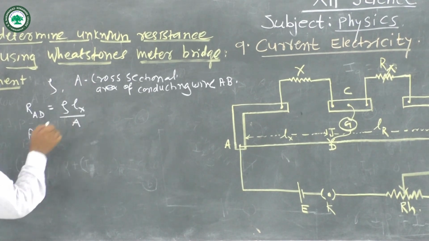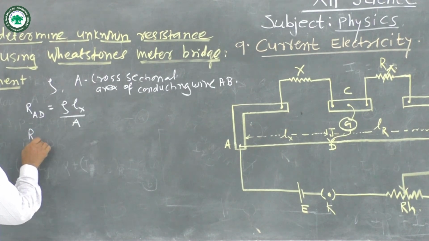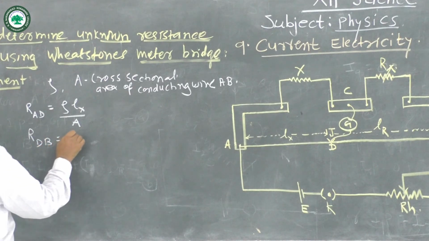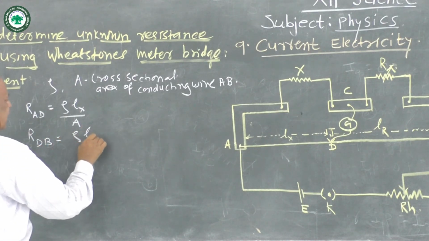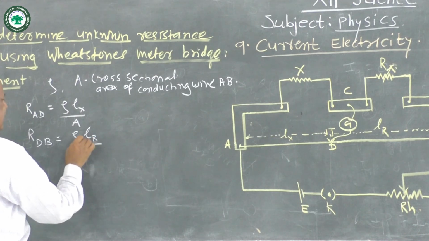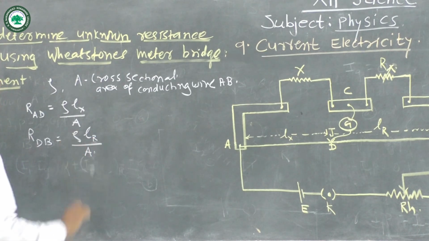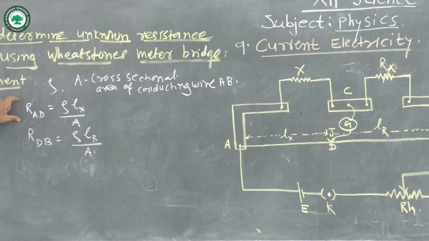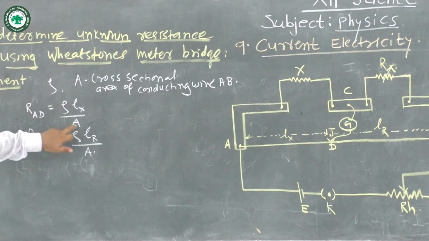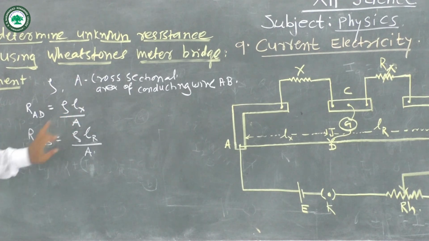Similarly, resistance of that wire DB is given by rho into that length LR divided by this cross-sectional area A. Resistance of a conducting wire depends on its length, and this resistance is inversely proportional to cross-sectional area. From that we obtain RAD is equal to rho LX by A, and this RDB is equal to rho LR by A.